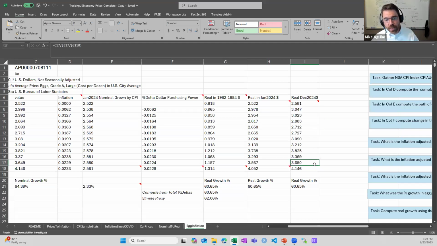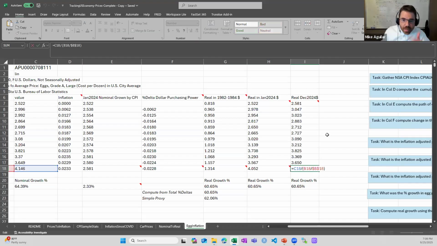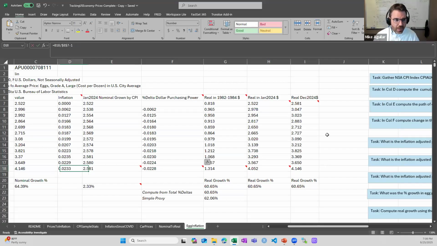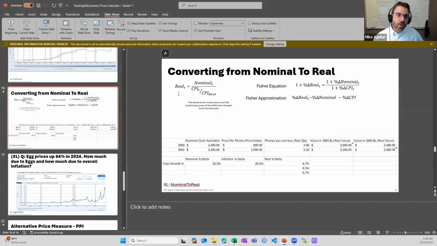And then check this out. Look at this. When I use December 2024 as the base year, in December 2024, it cost me $4.14. But that's exactly what I saw for nominal in the base year. Real equals nominal. If you like formulas, real equals nominal. And then think about that denominator.